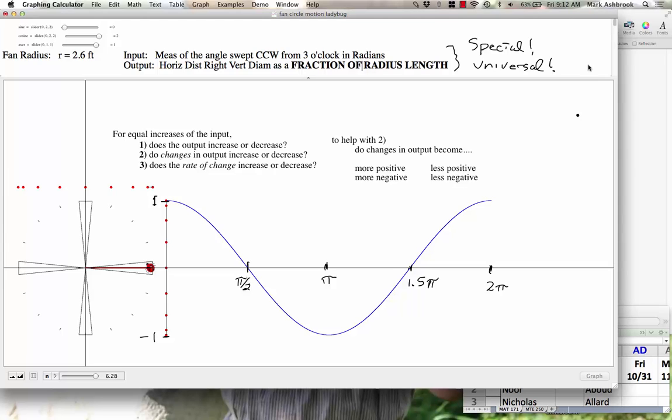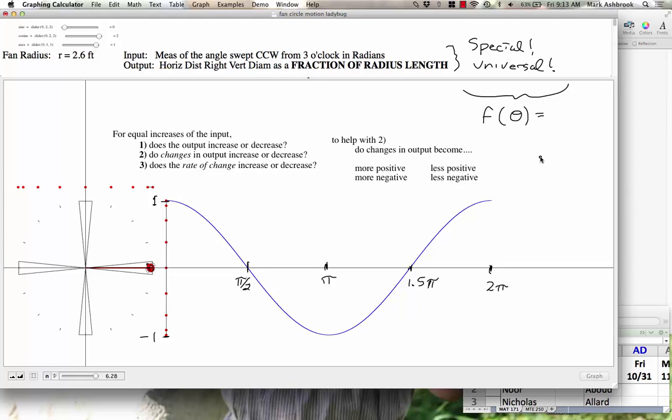And so this has a special name, which you learned in your homework last night, right? Input is angle swept counterclockwise from 3 o'clock. That's what that is. Measure of the angle. So this is a habit I'm trying to break over the last couple semesters. The input is not the angle. The angle is the object. What's the input? It's not the angle.